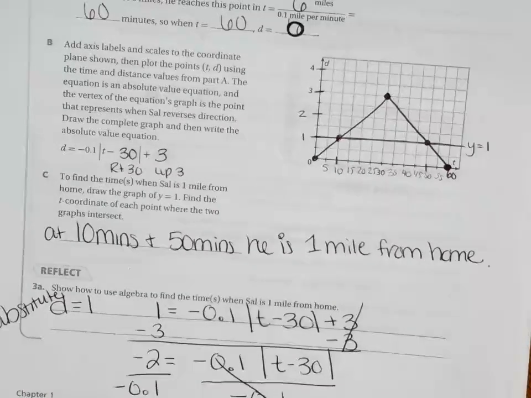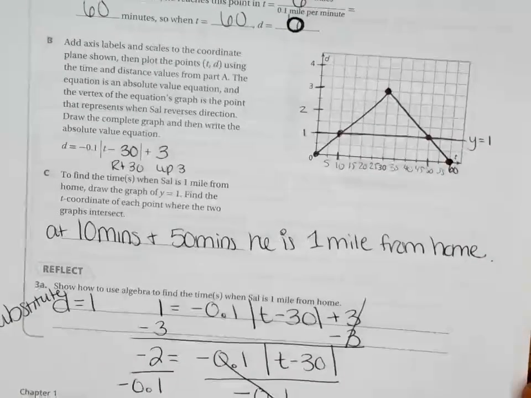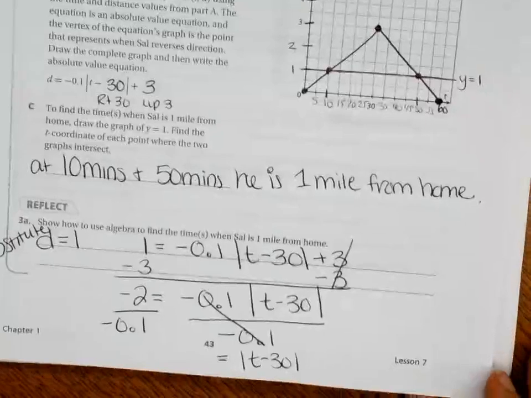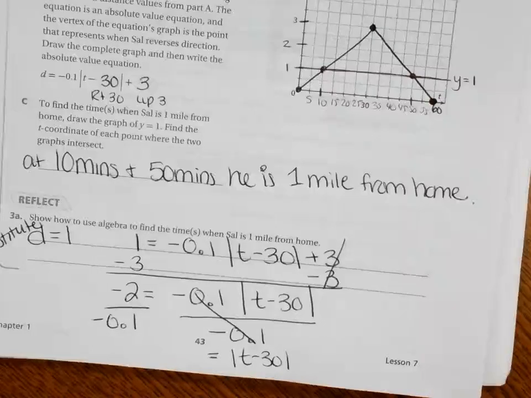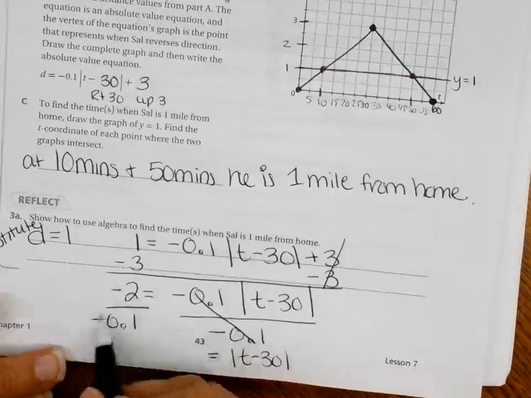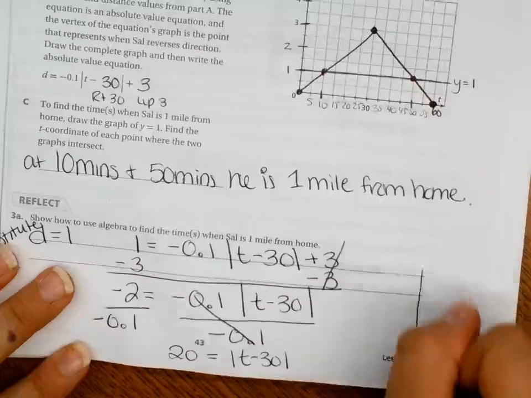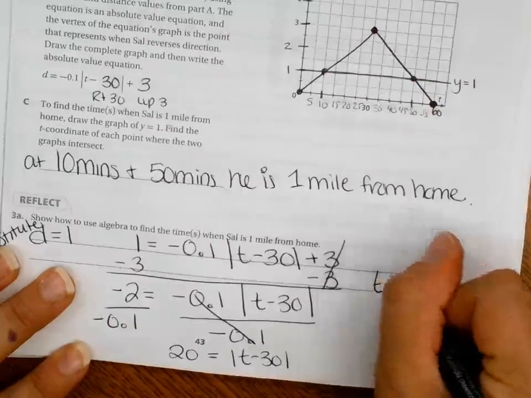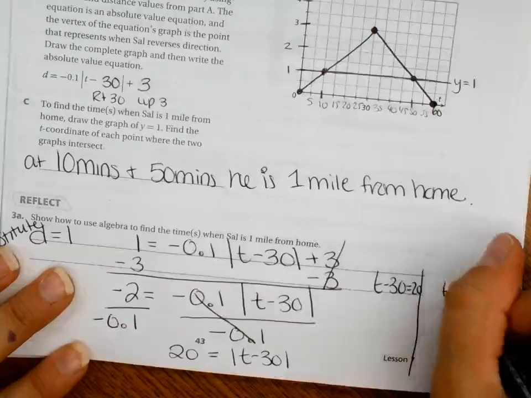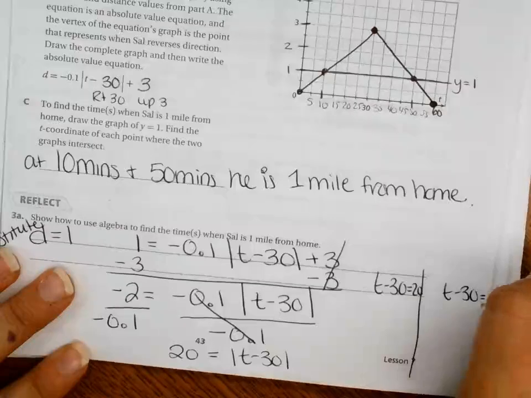What is negative 2 divided by negative 0.1? What do you guys get? Anybody? Negative 20. A negative divided by negative is a positive. Oh, positive 20. Yeah. So now we have our two equations: t minus 30 equals 20, and t minus 30 equals negative 20.